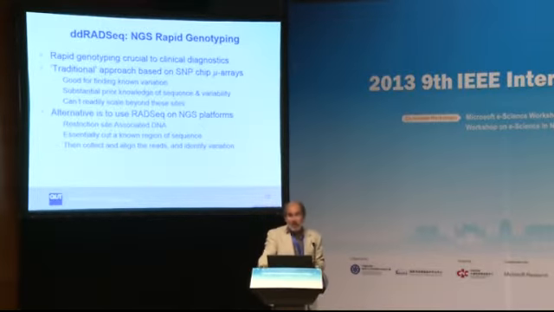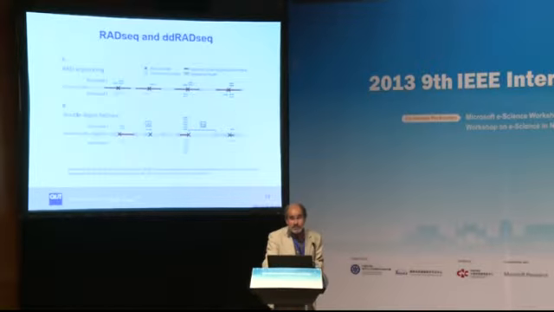So the alternative here is this use of RAD sequencing on next-generation sequencing platforms. The idea is that you do this for quite a substantial number of samples, generate a large number of reads, and then in some sense collect the reads and identify the variation through clustering and analysis.